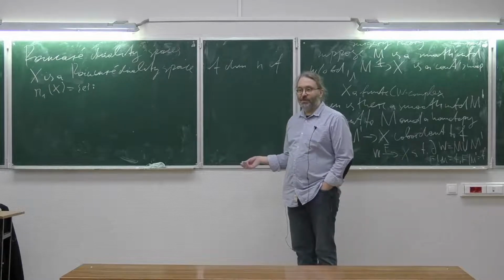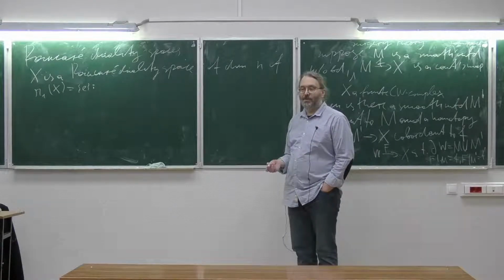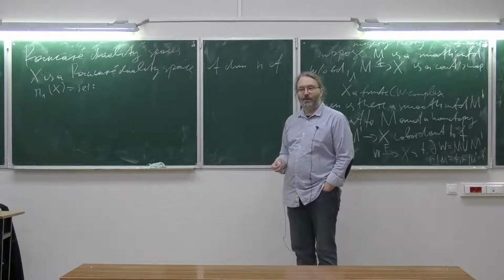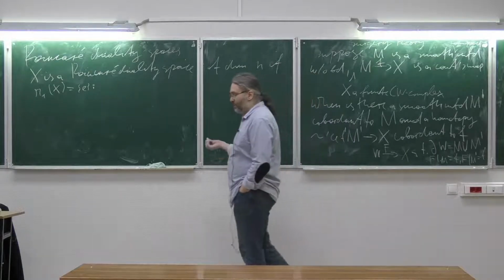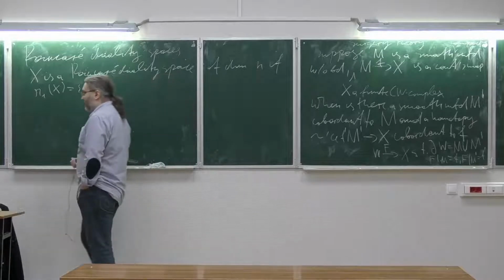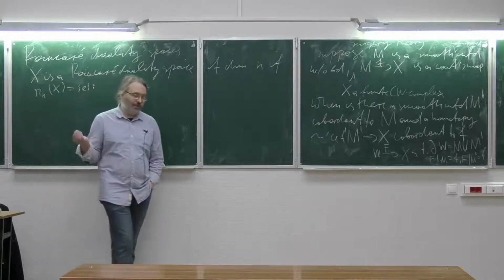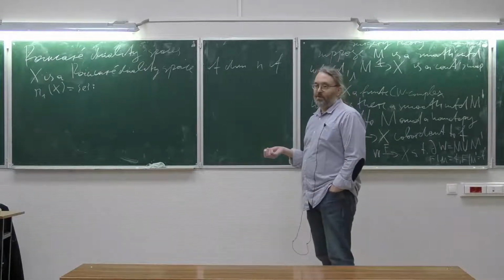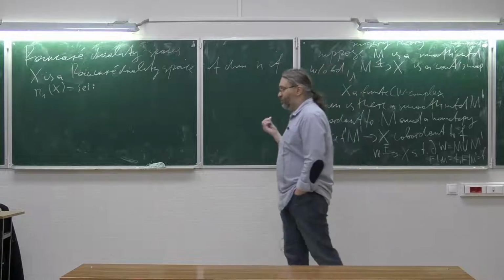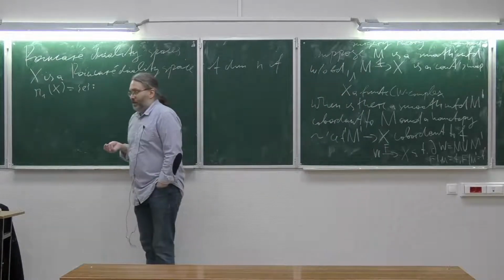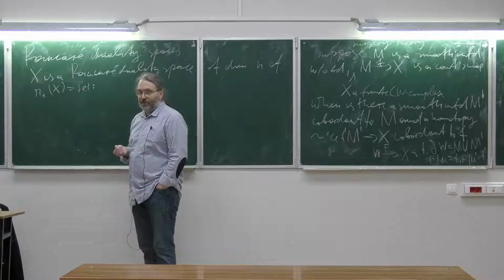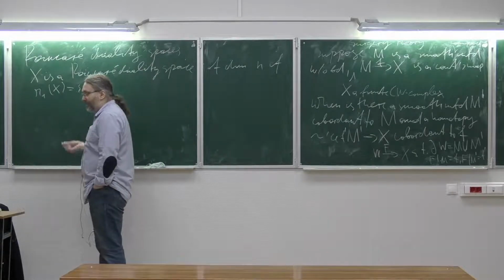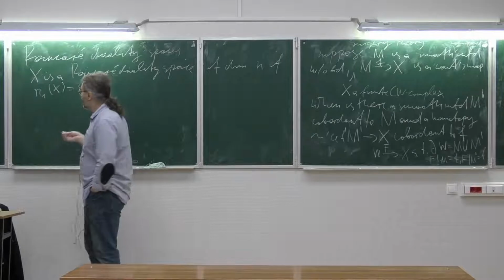Are there any guesses? Just like manifolds, the homology of degree d equals the cohomology of dimension n minus d. Yes, but we want not only an isomorphism between homology and cohomology. We want this isomorphism to be given by the same formula, which would be ideally a homotopy invariant.